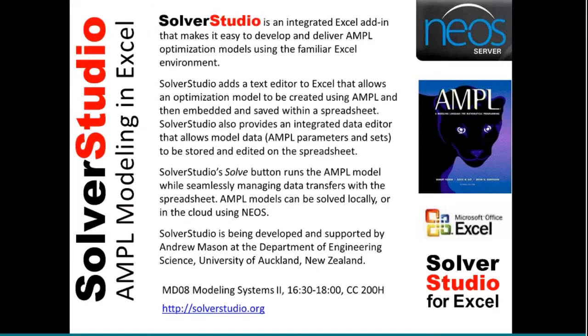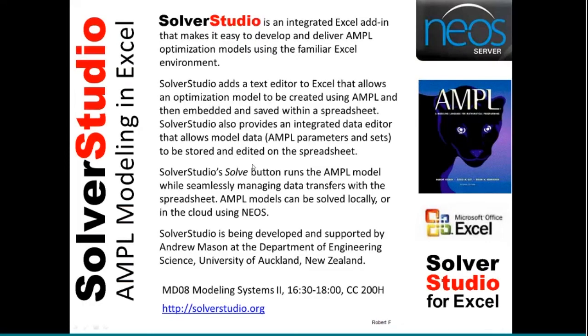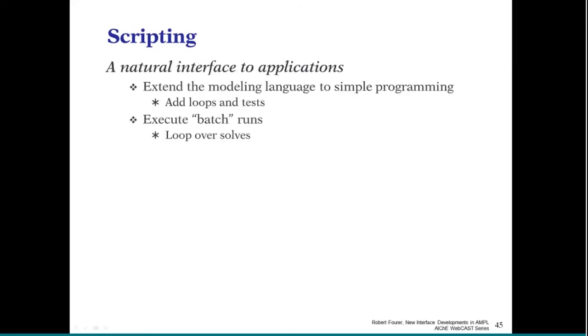So let me describe two ways now of deploying it in addition to the spreadsheet. One is going to be by scripting, and the other is going to be by an application programming interface. Scripting is the older one. We hadn't had AMPL in existence for very long before people started asking us to be able to write programs in AMPL. The whole idea of AMPL was to get you away from programming, but then people came back and said, no, I want this.